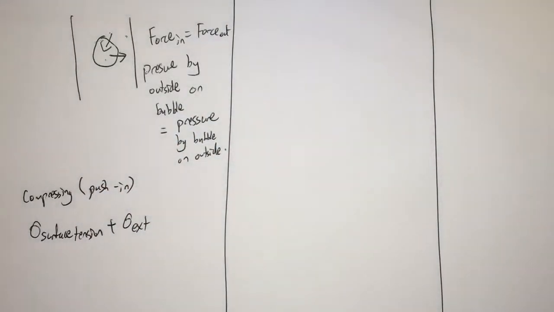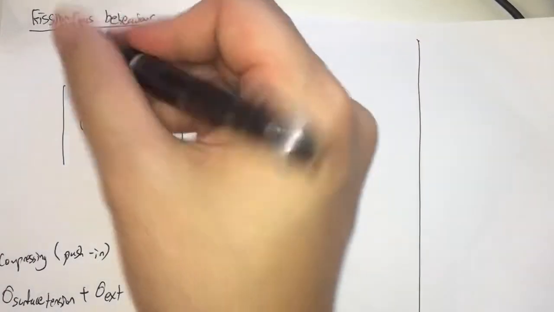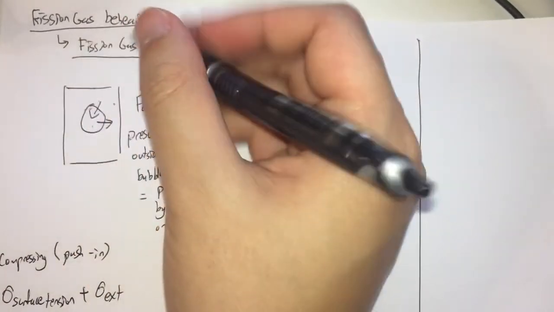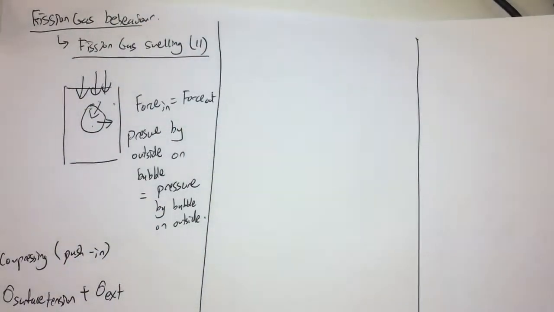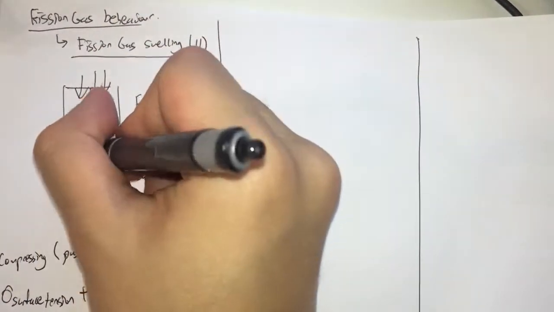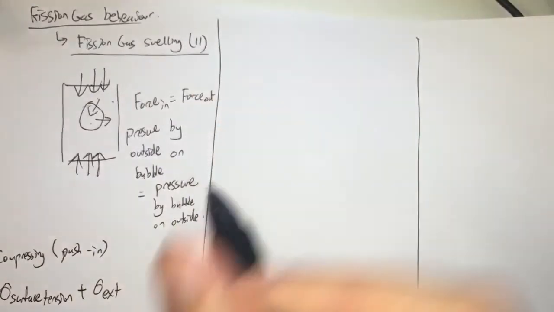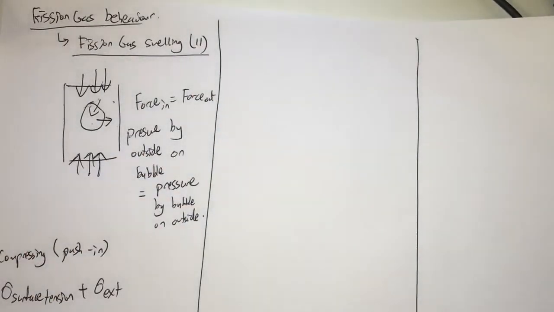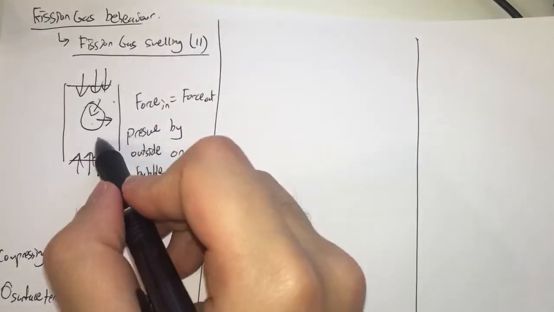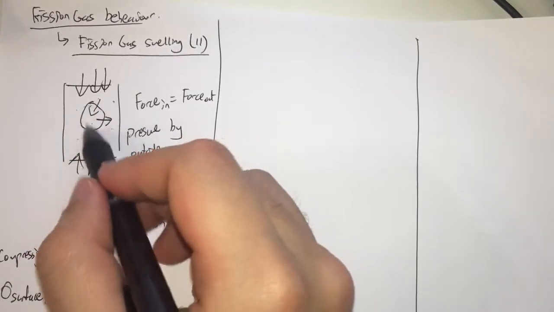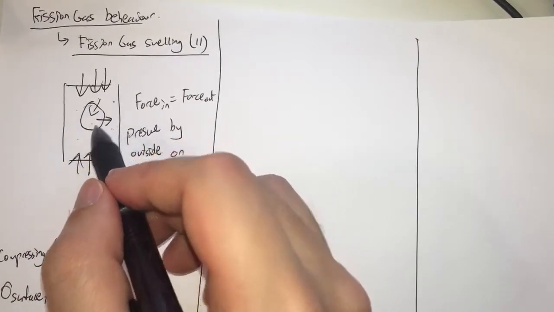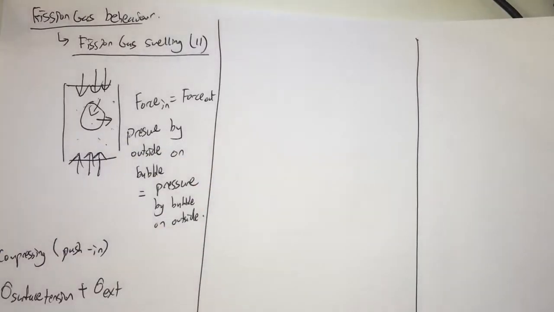And what is this external stress? Let's say the fuel pellet is being compressed this way externally, so there will be some external stress experienced by the solid, and that will impact the forces acting on this bubble.